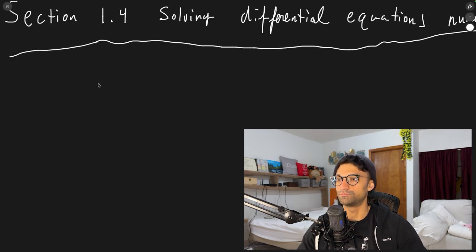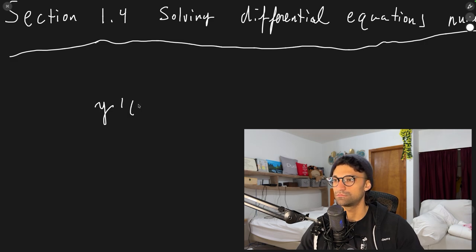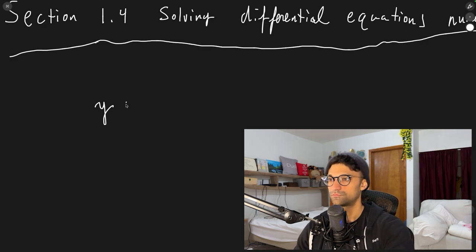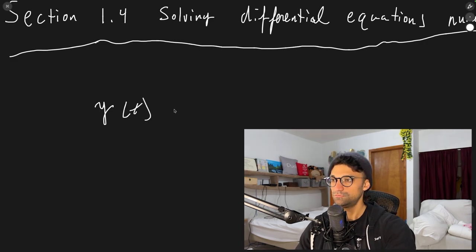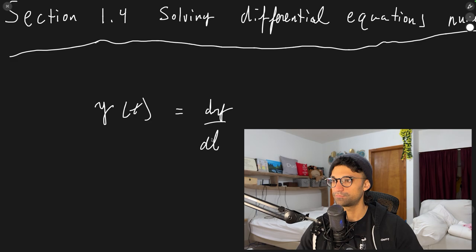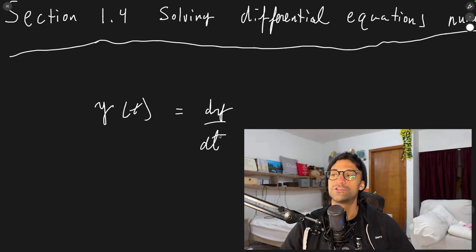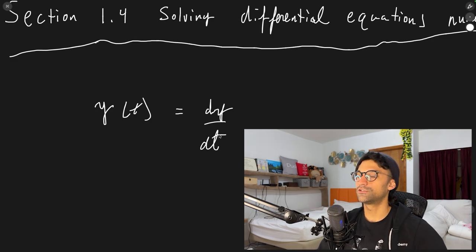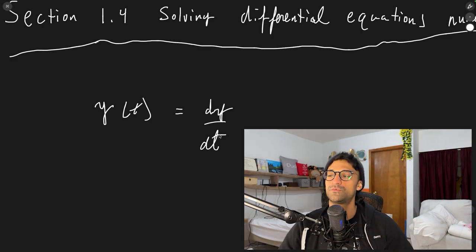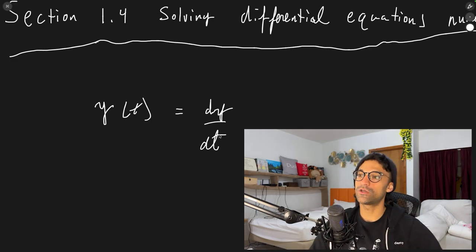So an example would be, imagine you had y of t equals dy/dt. Then this is a differential equation because we have a function and we have its derivative in an equation, right?